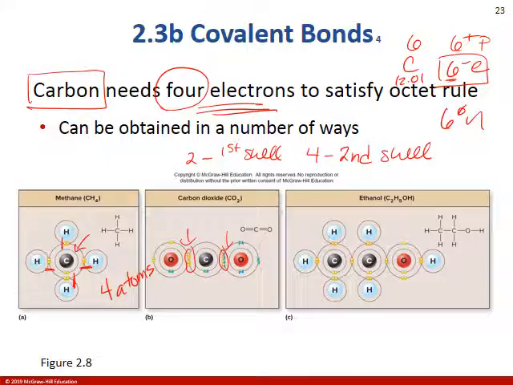So carbon has these 4, and it has these 4, and it's sharing them with 2 oxygens. So everybody's happy. The 2 oxygens are happy, the carbon is happy. So what's interesting is you can look at valence electrons, and it'll tell you how many atoms are going to bond to the atom that you're looking at.